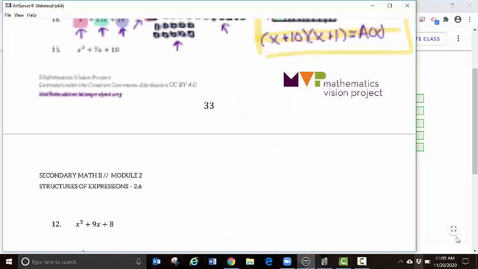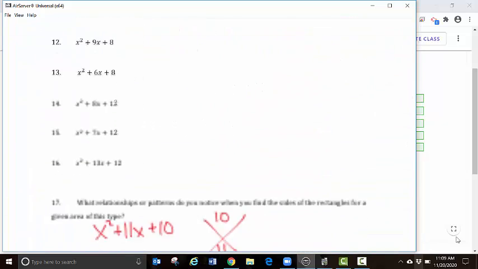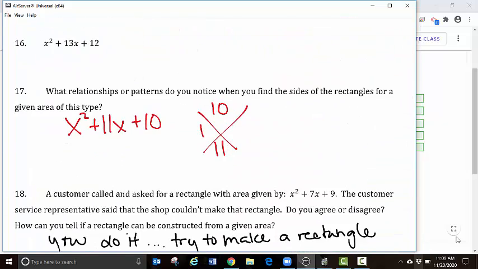Because what we ended up with up there was a 1 and a 10. Well, 1 times 10 is 10. 1 plus 10 is 11. Check this out and see if it holds for the rest of the problems.